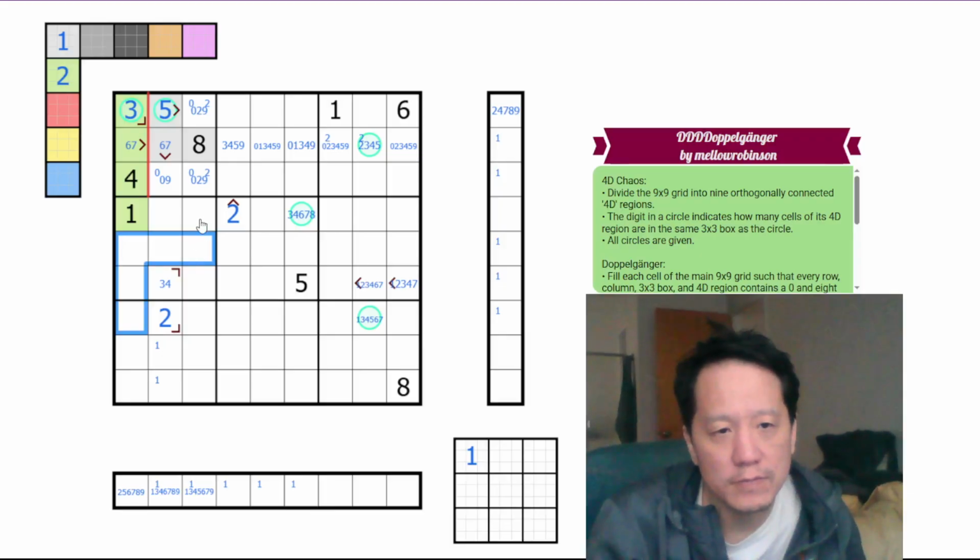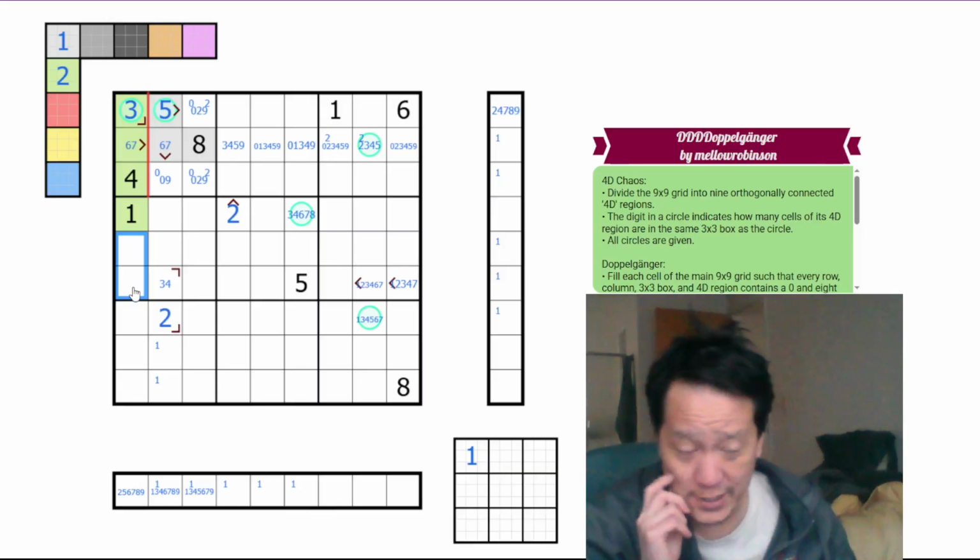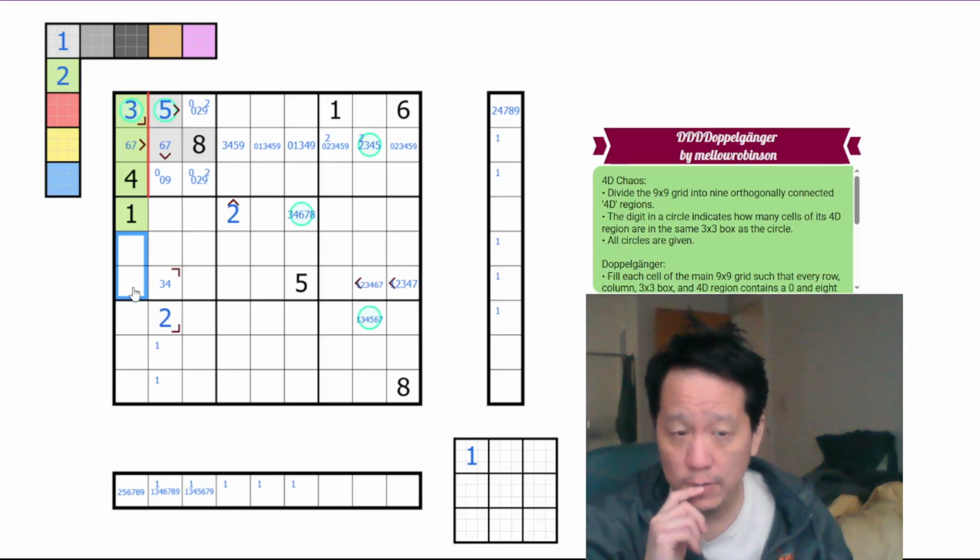Okay. Where can 2 be in column 1? Can't be here because 2 in the box. Can't be here because of the filled out stuff. It could only be one of these 2 if there is a 2.